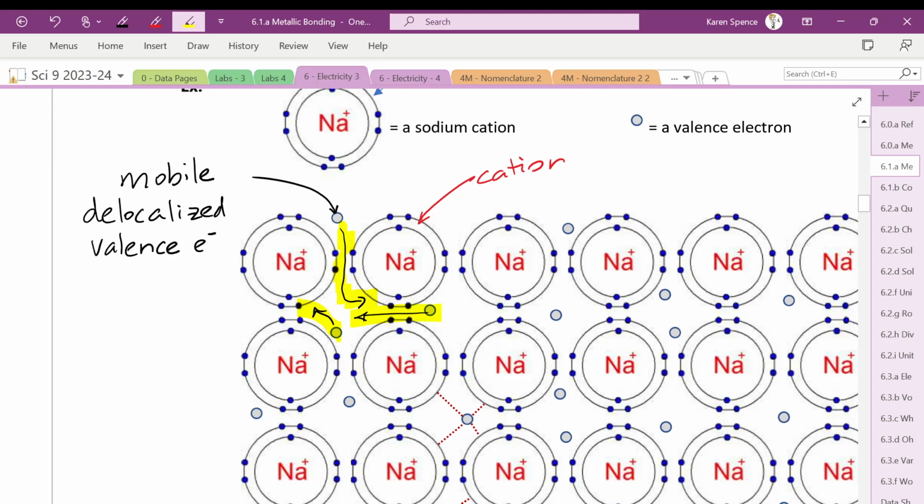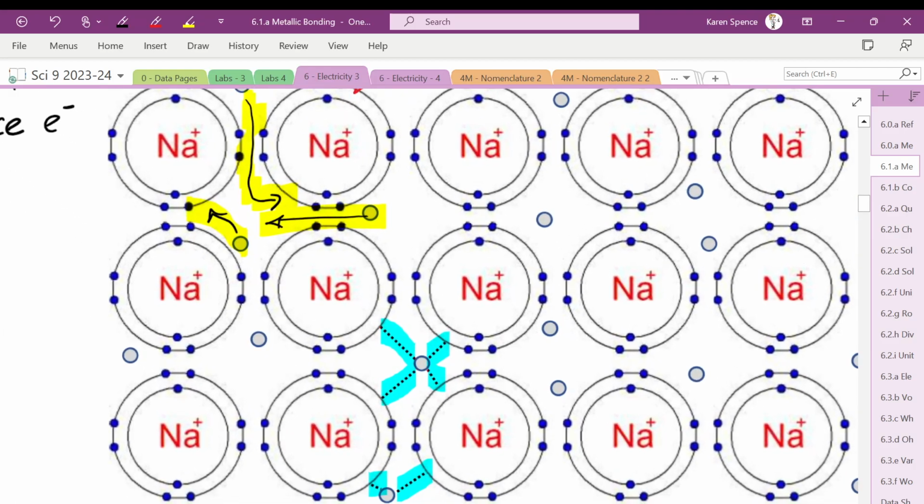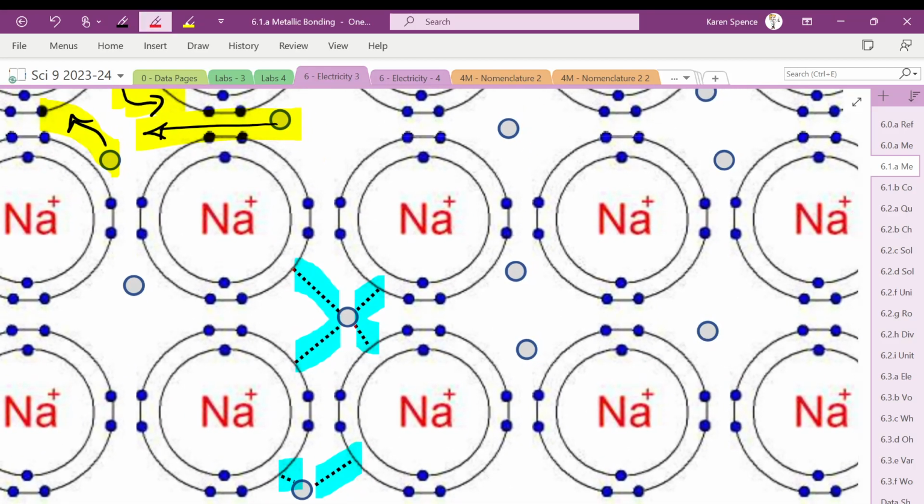But while they are randomly moving, they are also performing a very important function. These cations are positive. What charge are the electrons? The electrons are negative. So those electrons are pulling on the positive cations, and the positive cations are pulling on the electrons.